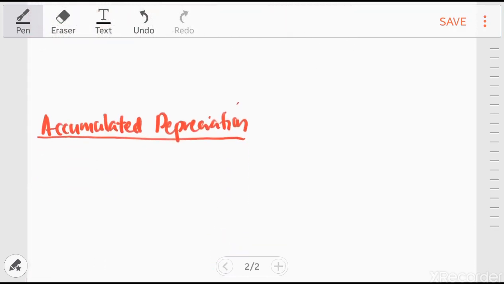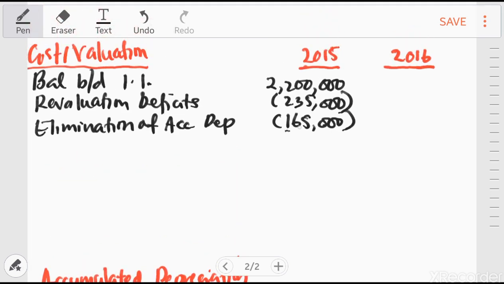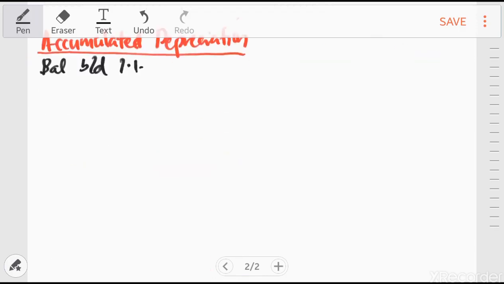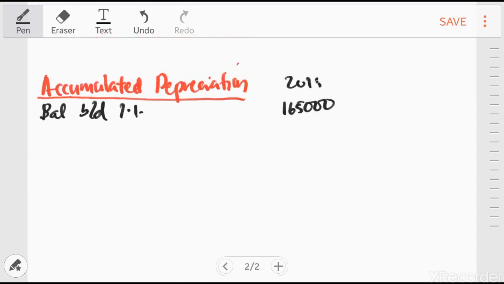Now we move on to the accumulated depreciation to find what is the balance brought down as at 1st of January 2015. If you can recall, that was the one that we had here as well, right? This one. So that 165 is also the one here, I put here. And this is for 2015, 2016. So 165, 1st of January.